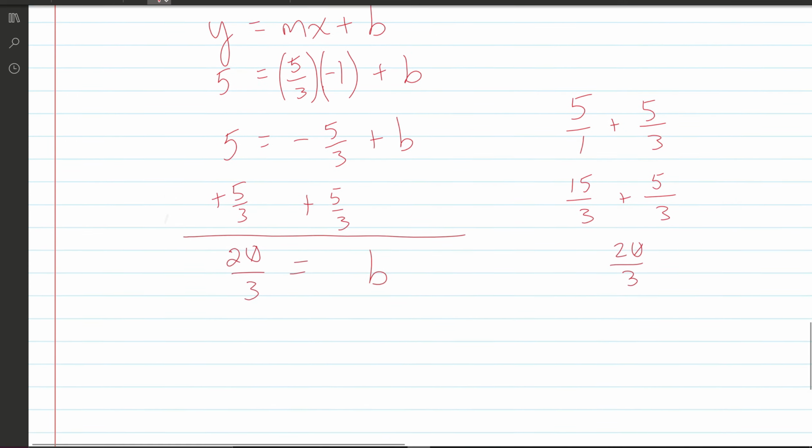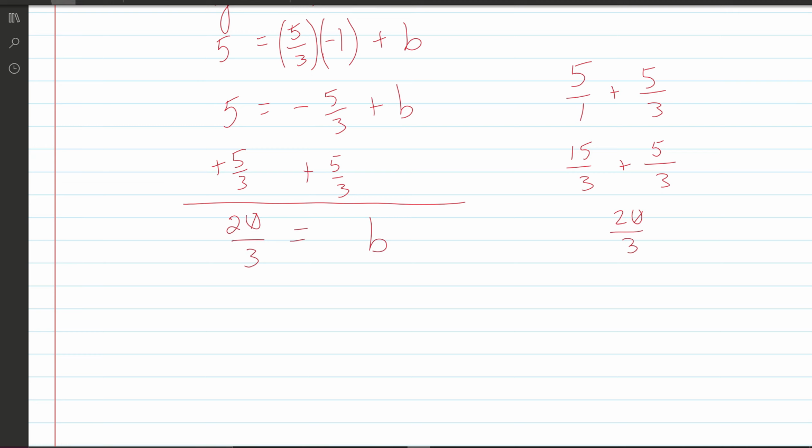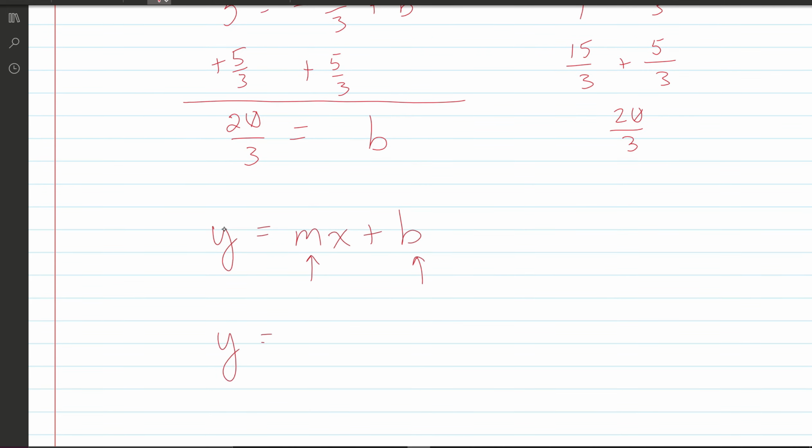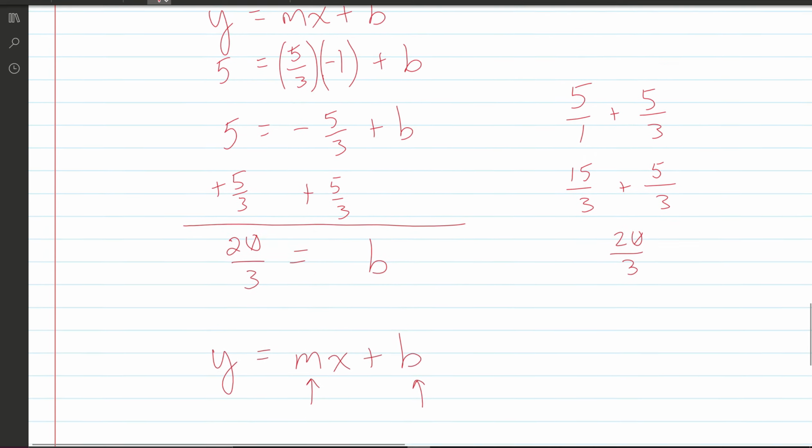Alright, so now we just found the y-intercept, and a few moments ago we found the slope. The problem said to put our answer in slope-intercept form. They want the slope-intercept form of the line passing through. So all we do is substitute in the slope we found and the y-intercept, and we're done. So the equation of our line is y equals, and then we go up and say, what was that slope again?